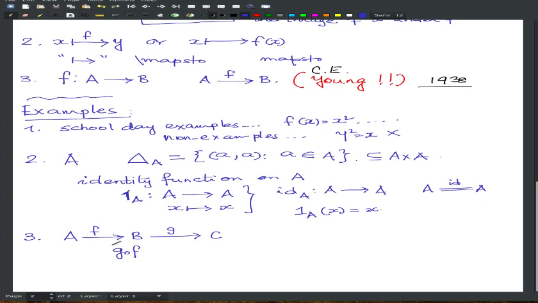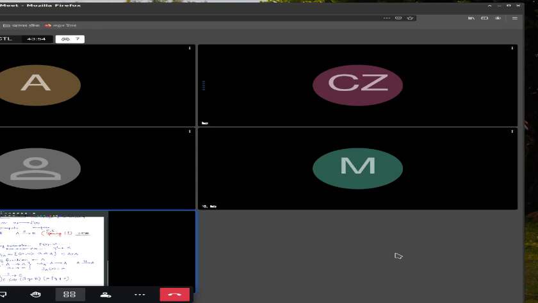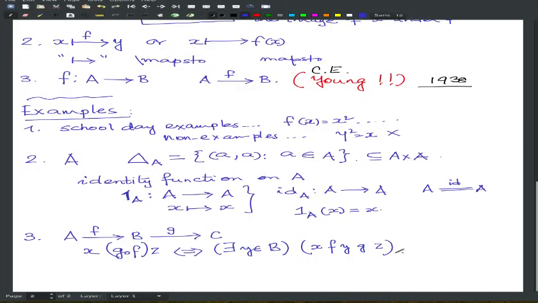And what is it? (x, z) if and only if there exists a y in B such that x is related by f with y and y is related by g with z. Clear? Any doubts? Hello, am I alone, or can you hear me? We can hear you, Doc, yeah. So is it clear? Yes, it is.